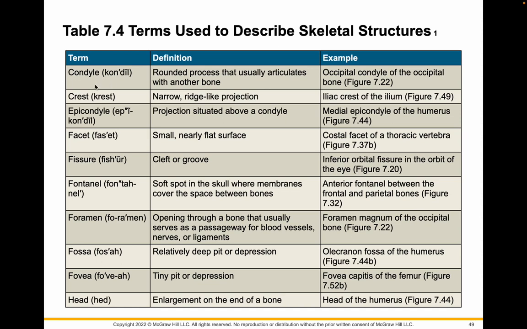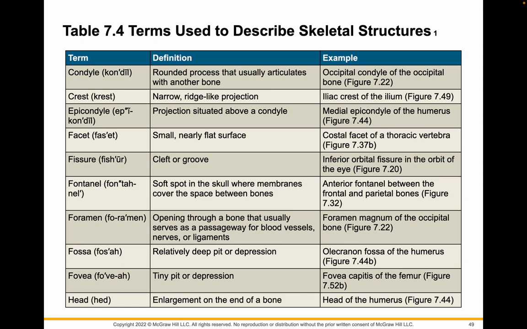A condyle is a rounded process. We're going to see it usually at the epiphysis of a bone where it's going to articulate with another. A foramen is an opening through a bone, and it usually is for blood vessels, nerves, and ligaments.